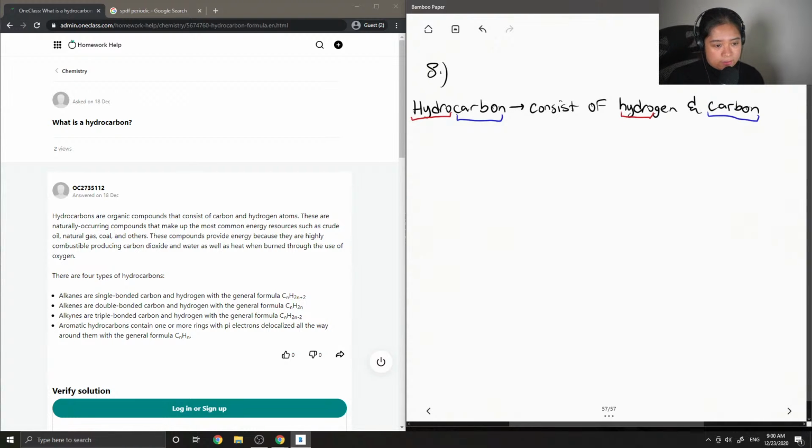Okay, so I'll have some examples. For example, you can have a carbon that has 4 hydrogens attached to it. And this is just methane. Or you could have a carbon ring.